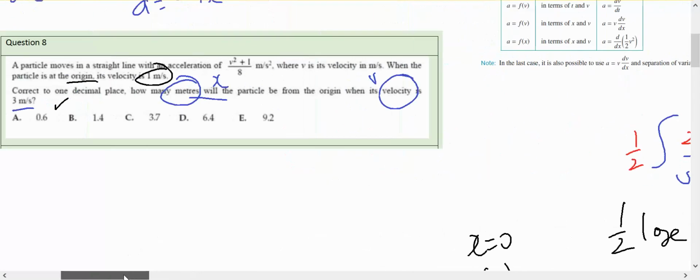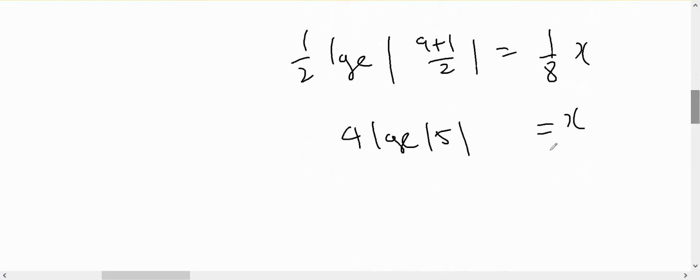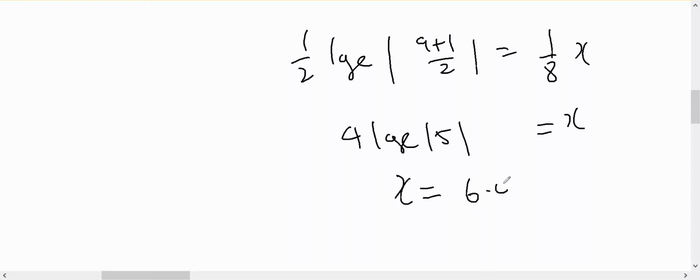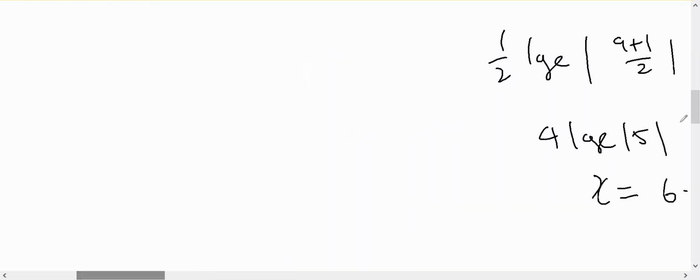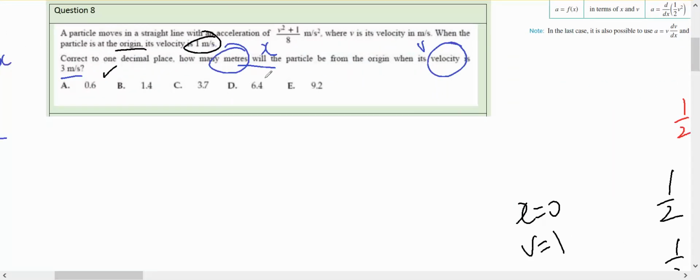My answer is going to be in decimal places, so 4 log base e of 5 gives x equals 6.437, so 6.4 will be my answer. I'm going to go for D as my answer.